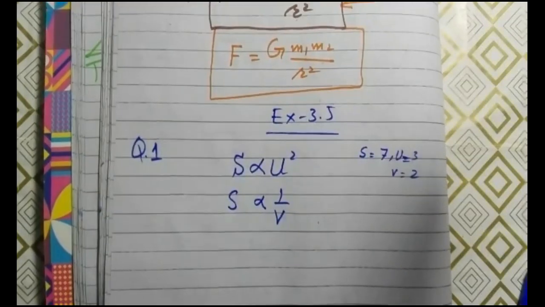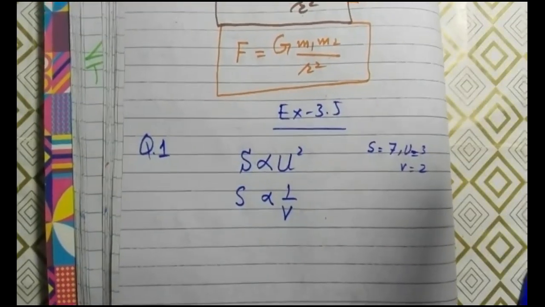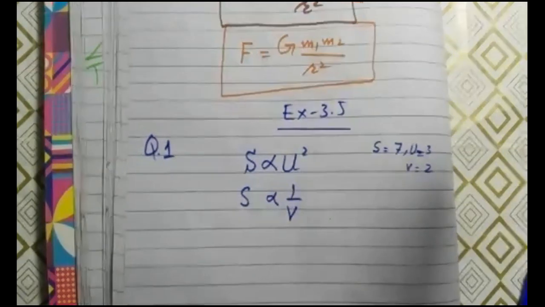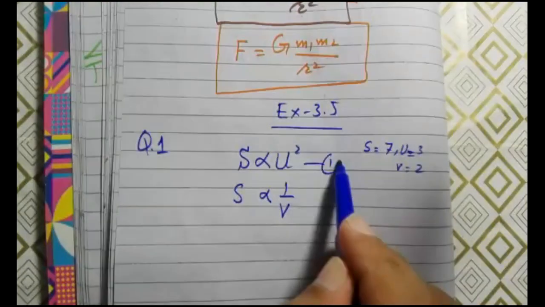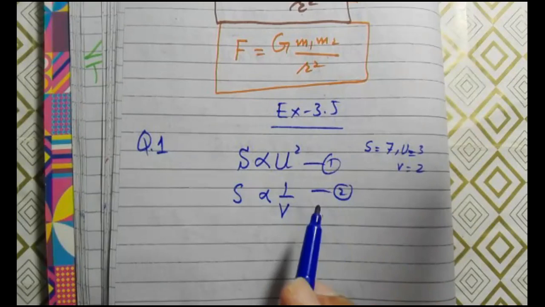Fine. So it is written in the textbook that S is directly proportional to U square and S is inversely proportional to V, that is 1 over V. So what we will do is collect them. This is relation number 1, this is relation number 2. We will jointly write them together.